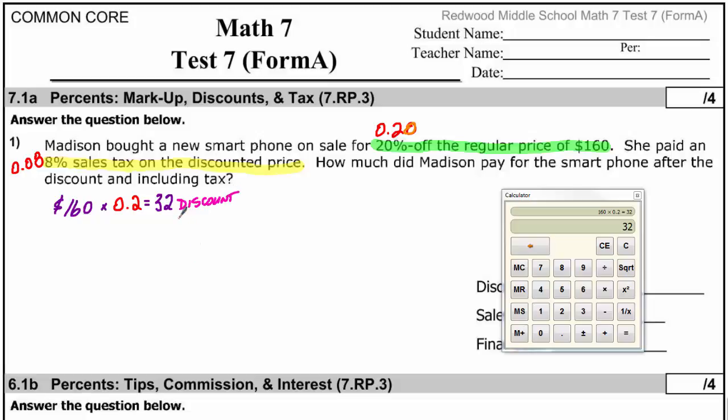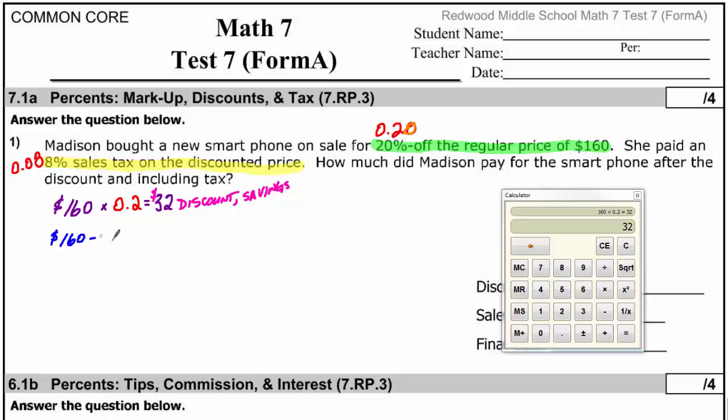Not what I'm paying, and not the discounted price, but the discount, the savings. So discount, or you might think of it as savings. Somebody says to Madison, how much did you save when you bought the phone on sale? Madison would say, I saved $32. So $32 discount.